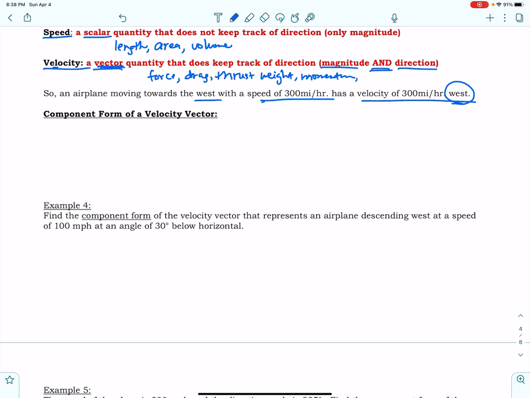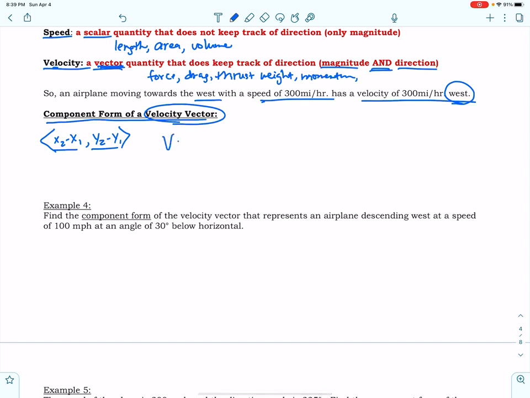What would a component form of a velocity vector look like? We've already talked about a component form, and we know that it takes into account the difference of the x component and the y component of an initial and terminal point. But how would a velocity vector component form look?